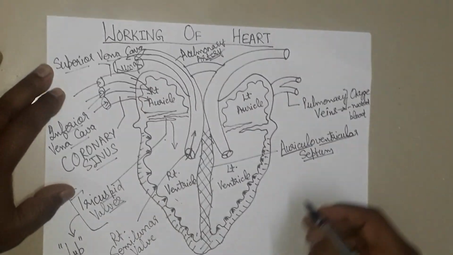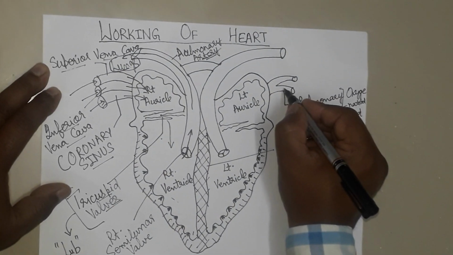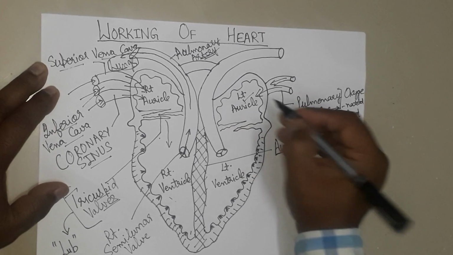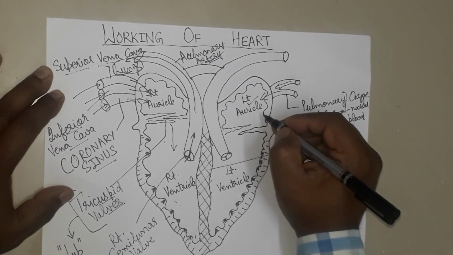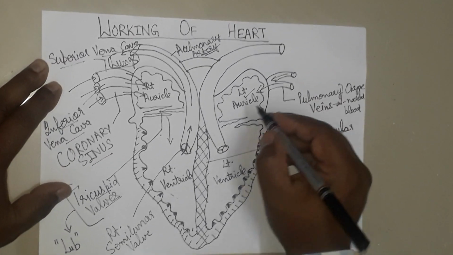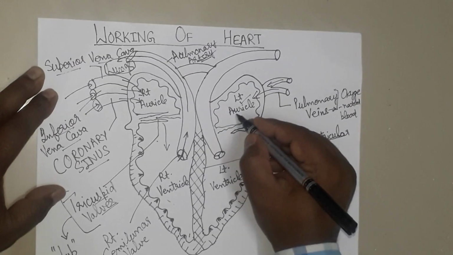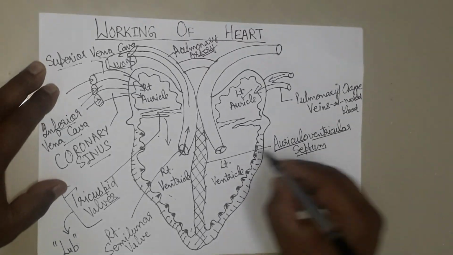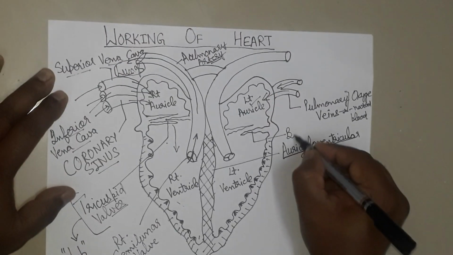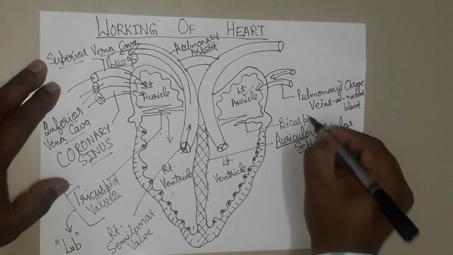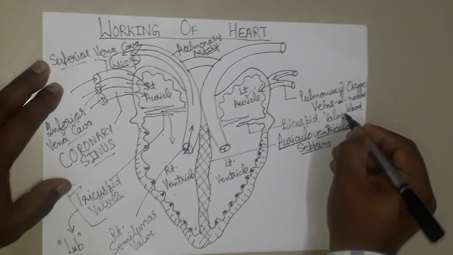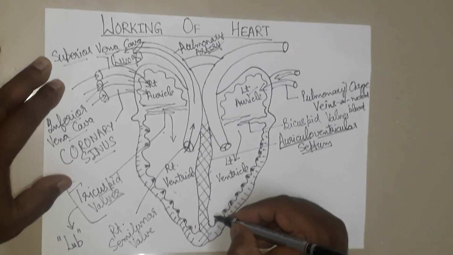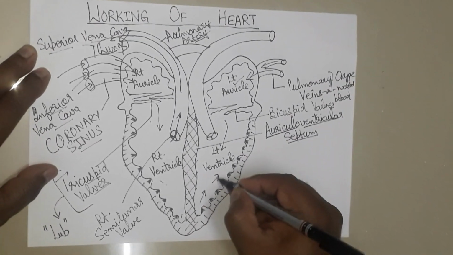Now after purification, from the left side, the oxygenated blood enters the left auricle. So the left auricle always receives oxygenated blood. In the same manner, when the left auricle is fully filled, the bicuspid valves, bi meaning two, open and blood enters the left ventricle, filling it.